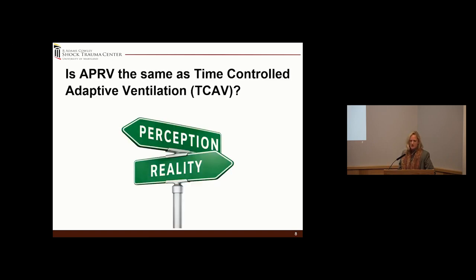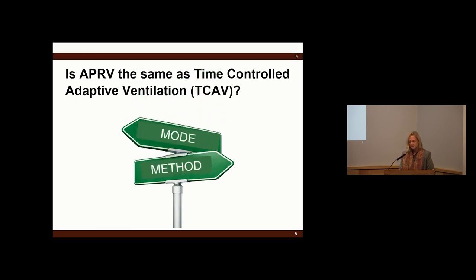So I wanted to break this down, and you're going to hear maybe a new term for some of you: we call it TCAV. Is APRV the same as time-controlled adaptive ventilation? And as Luigi has mentioned several times today, it's the personalization of a mode to a patient. So the mode versus the method.